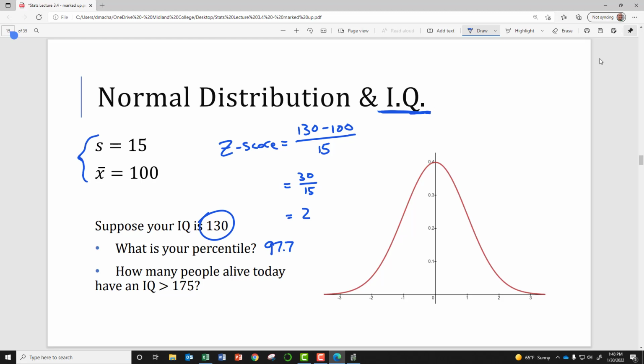And now we ask, how many people alive today would have an IQ that's greater than 175? Let's run through the same procedure here. The z-score for an IQ of 175 would be 175 minus the mean, divided by the standard deviation, which is 5.